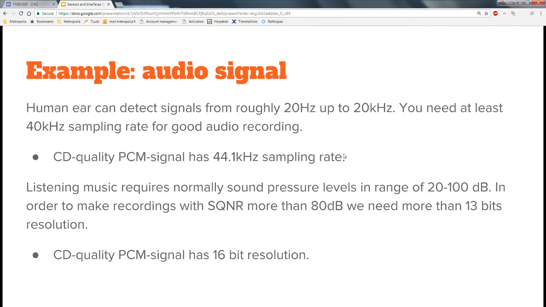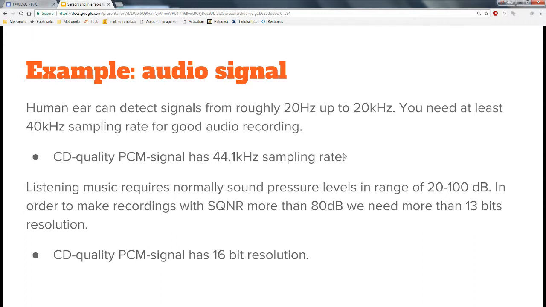And then basically that means that you need to have at least 40,000 samples per second for good quality audio. So that's the minimum. And that actually also gives the sampling rate, where that 44.1 kilohertz sampling rate comes from. Well, that comes from the physics.